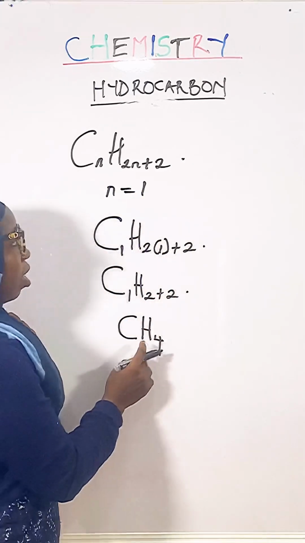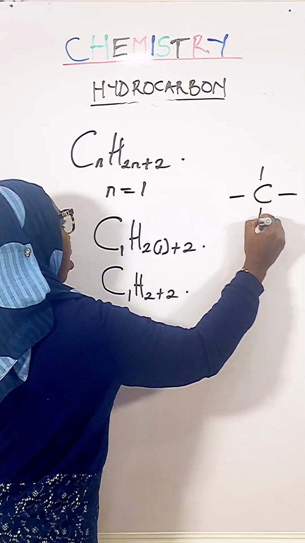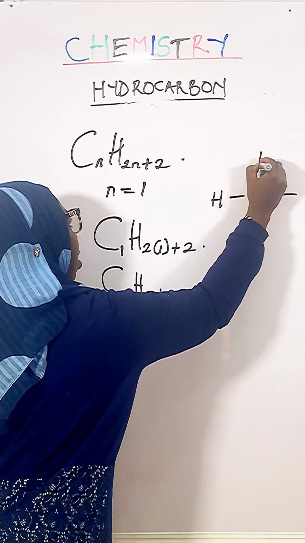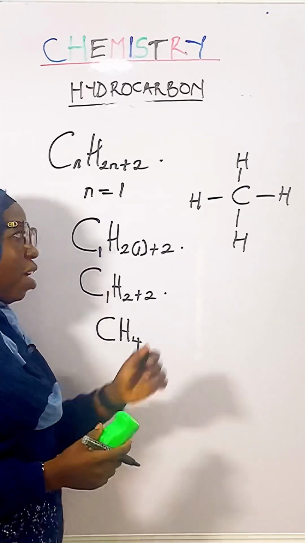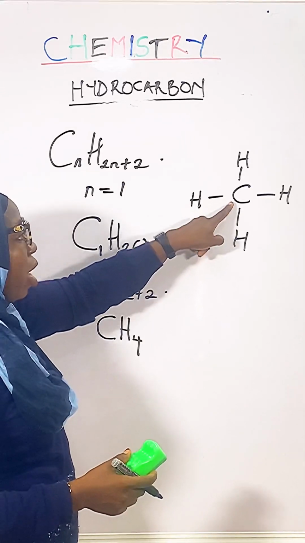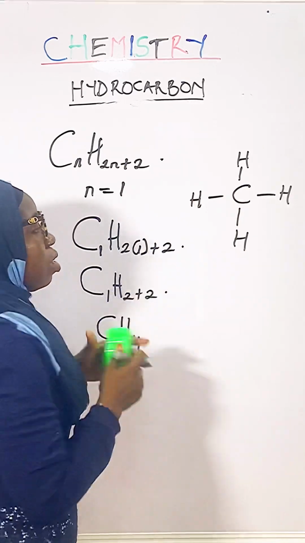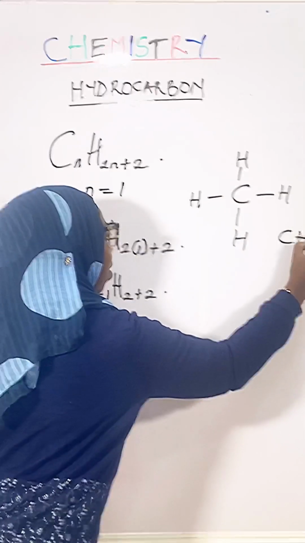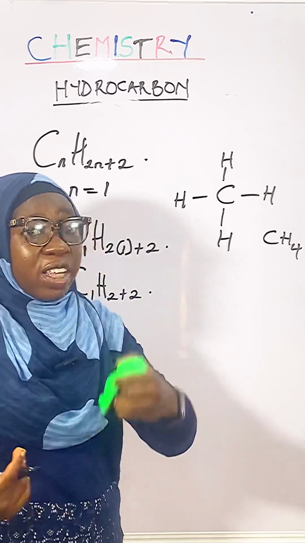Now let's look at the structure of it. This is it. When you count, this is 1 C, then the number of hydrogens: 1, 2, 3, 4. So that is why we have CH4. Let's quickly go back to how we are going to name it.